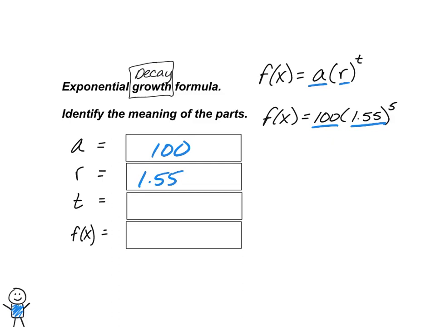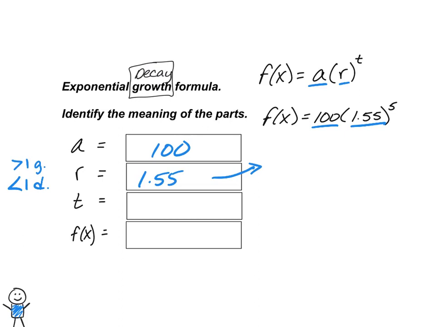Now, I'm going to come to the side over here and talk about rate for a second. We talked earlier about if the rate is greater than 1, it is a growth. If it's less than 1, it is a decay. So in our case, 1.55 is greater than 1, and it is representing exponential growth. You may also have to convert or be given a percent of growth. The way you do this is you figure out how far from 1 is my rate.